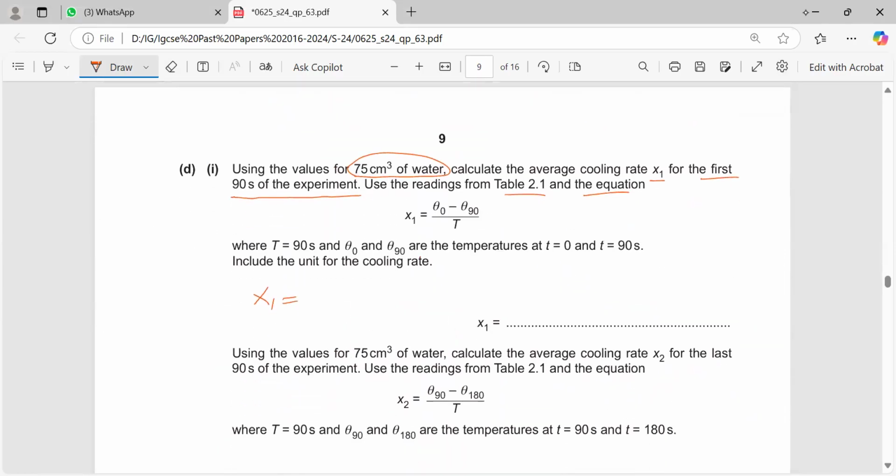So here I'm writing theta 0, temperature of the hot water initially at 0 seconds, 85.5, and at 90 it is 75, over t, which is 90 seconds.